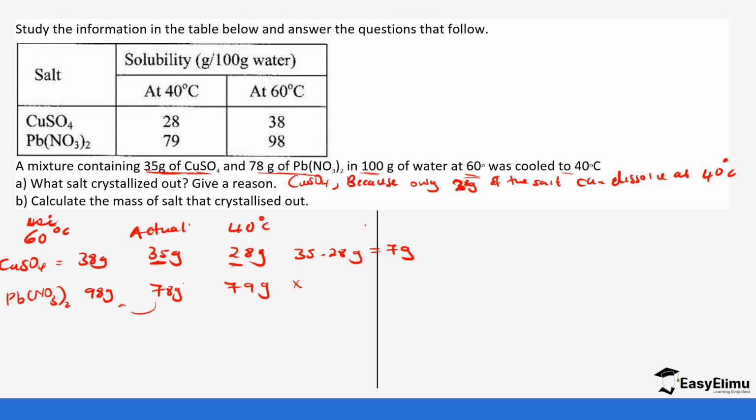And then how much of it crystallized out? We have already calculated, which we have noted: 7 grams.